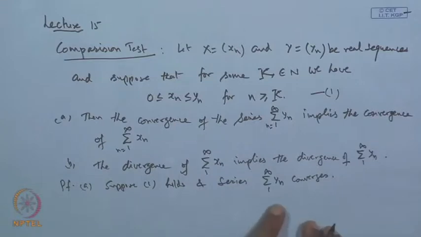So, by the definition of convergence, a series is said to be convergent if and only if it is Cauchy.